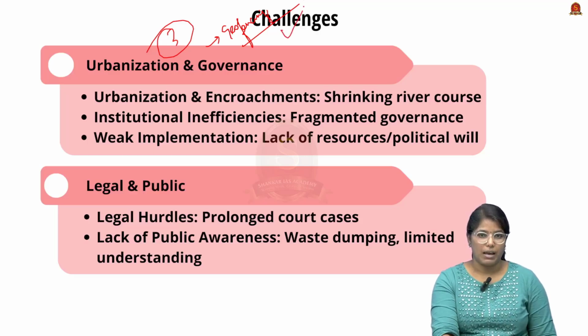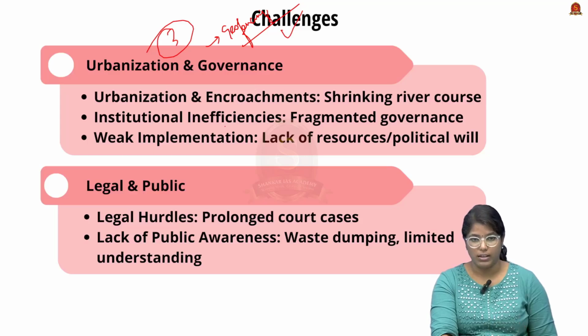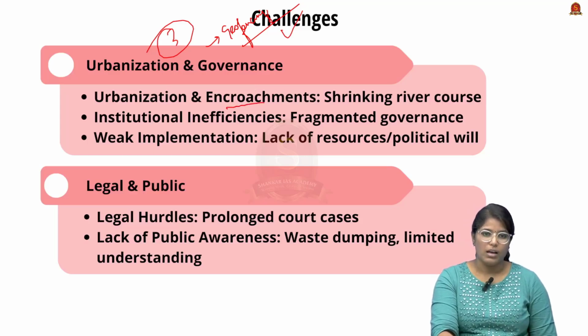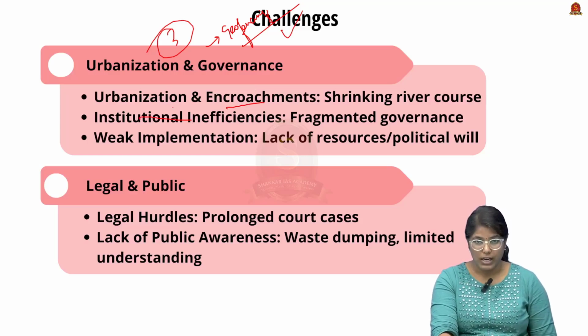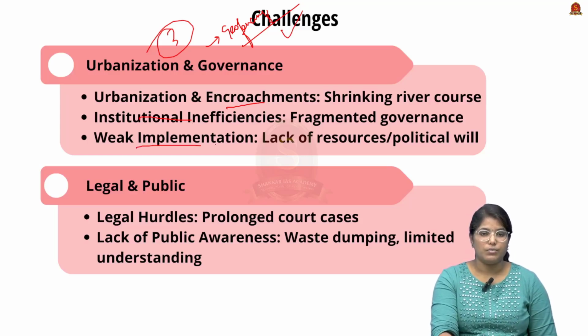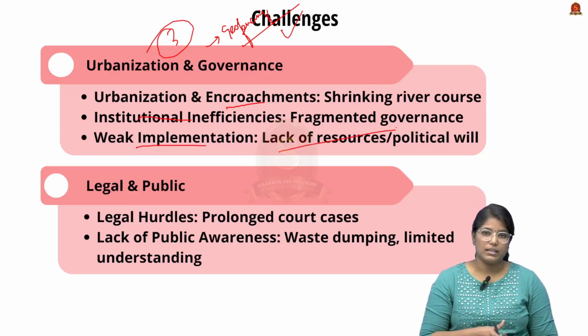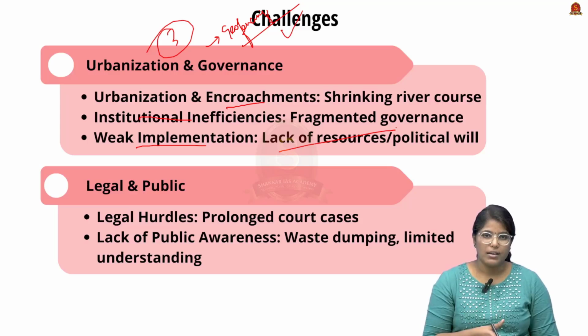Those kinds of things can be encouraged, but when such initiatives are not there, there is a lot of encroachment, as well as institutional inefficiency due to fragmented governance, and weak implementation of the stricter rules, which hinders controlling the release of effluents into the river.